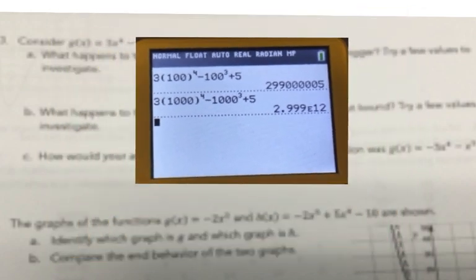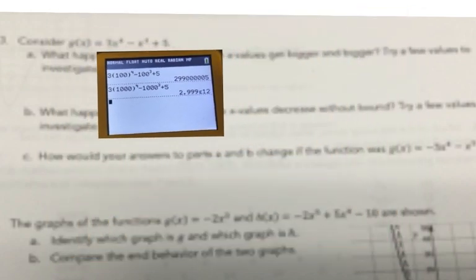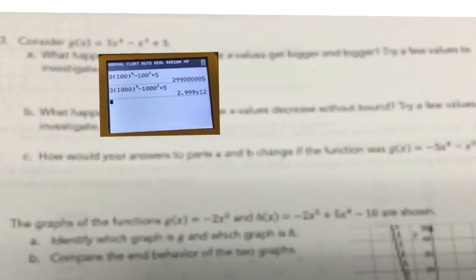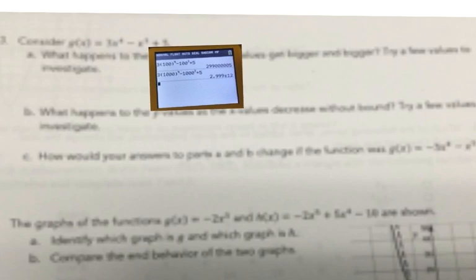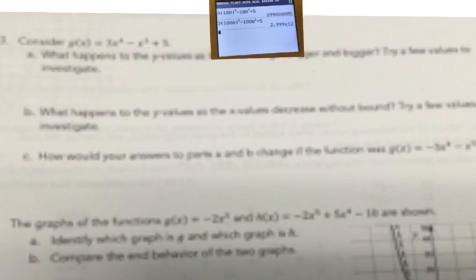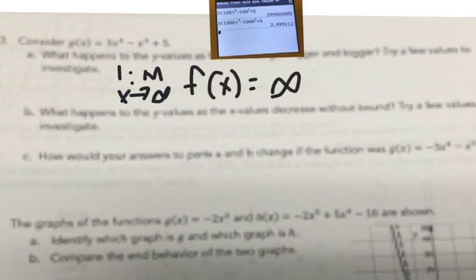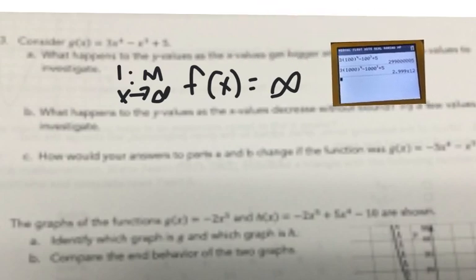So you can see as I plugged in 100, my y value was 299 million. And now then, as I plugged in 1,000, that y value is getting bigger and bigger and bigger as well. So here, the limit, as the x's get really large towards infinity, the y's are also getting very large towards infinity.